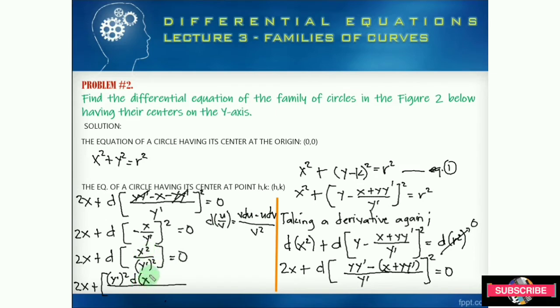The derivative of x squared minus u derivative of b, so our u is x squared times the derivative of our b, in which our b is this y prime raised to the square, all over b squared, so we have here y prime raised to the square, and then raised again to the square. We will enclose this one, and this is equal now to 0.